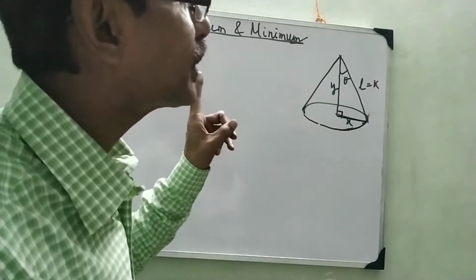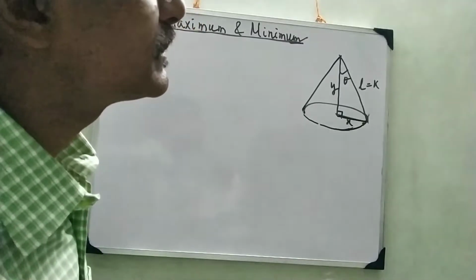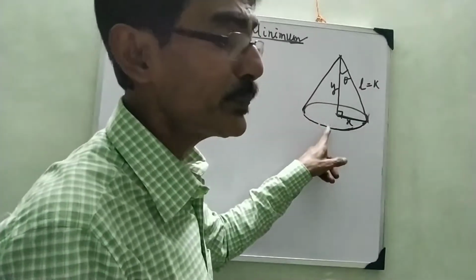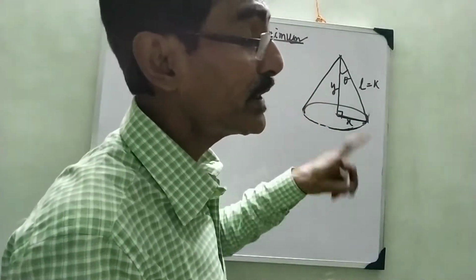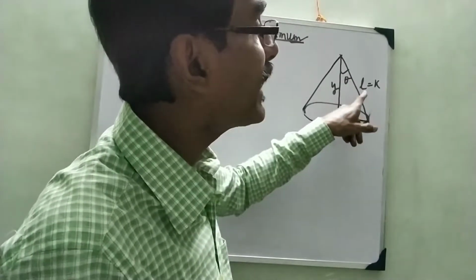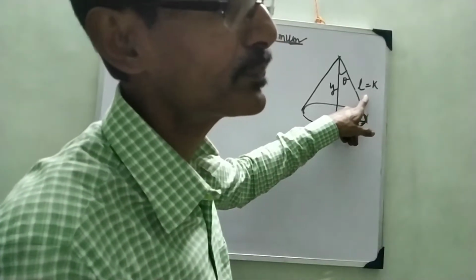What is the question? Try to understand clearly. I have taken a right circular cone. The question is, for a right circular cone the slant height L is constant, as given in the question paper.